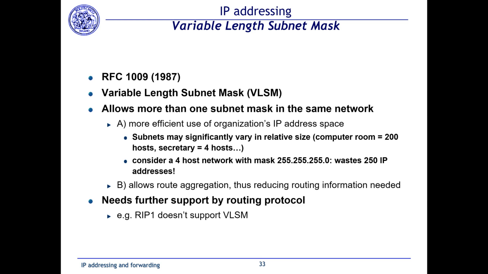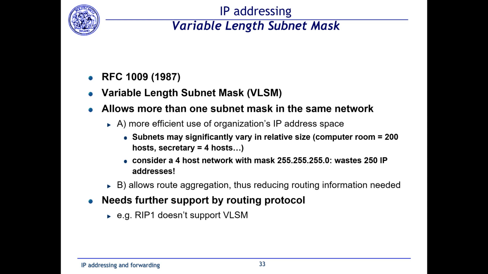So if you stay with this solution, you will lose a lot of addresses, and addresses are a precious resource, because you always have to try to assign all the addresses of your block.